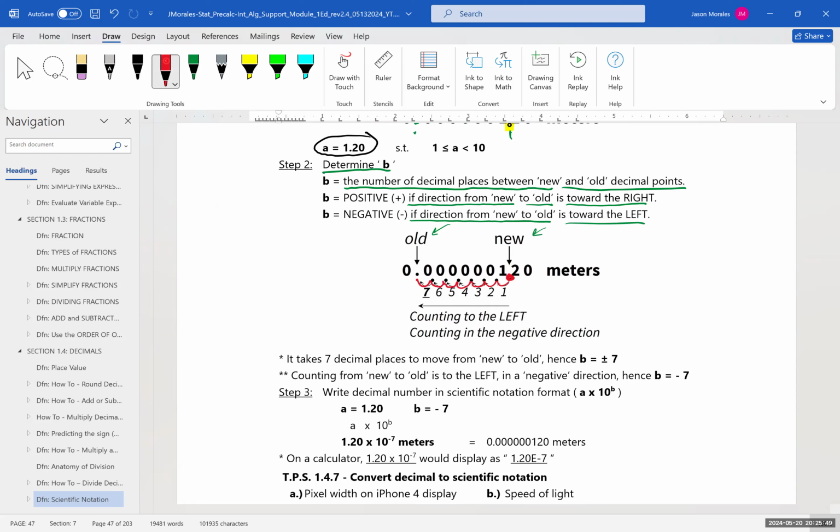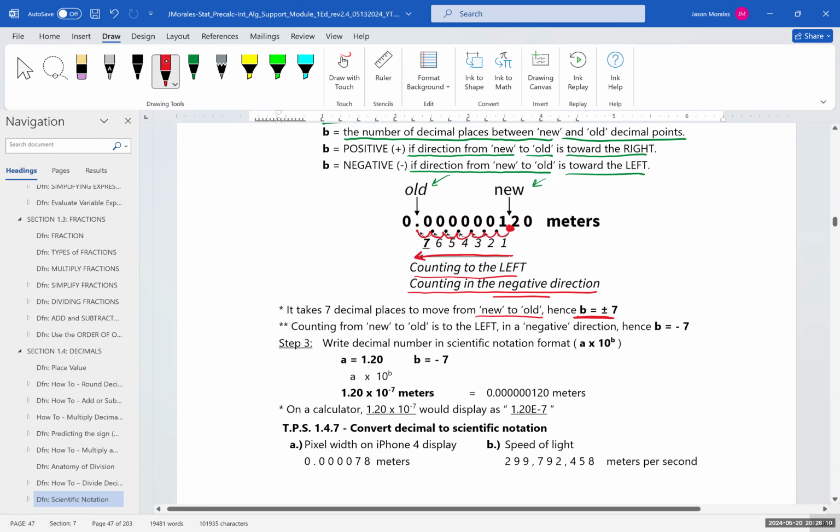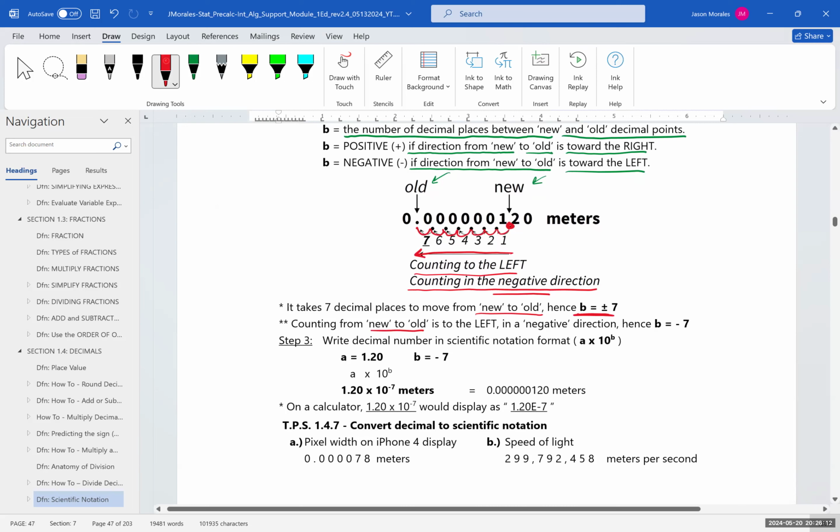And going new to old, we're going to the left, which means we're counting in a negative direction. So B in scientific notation is going to be -7.